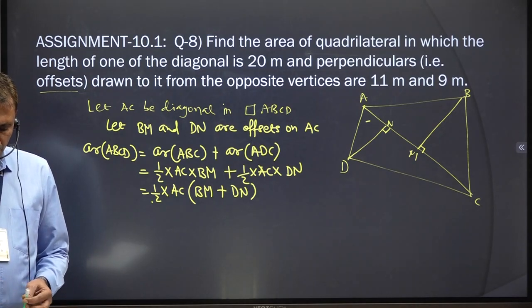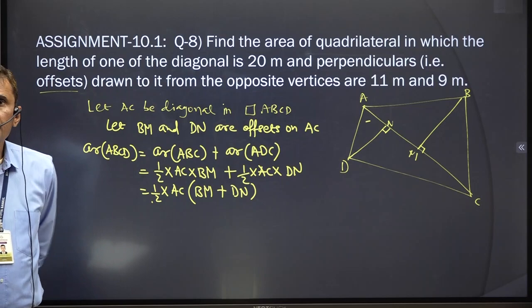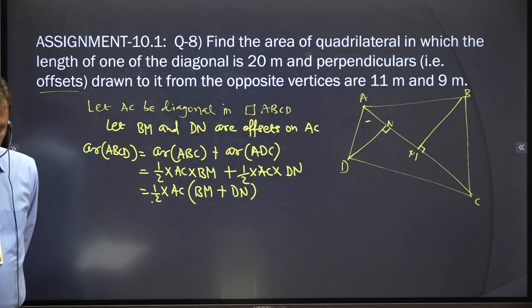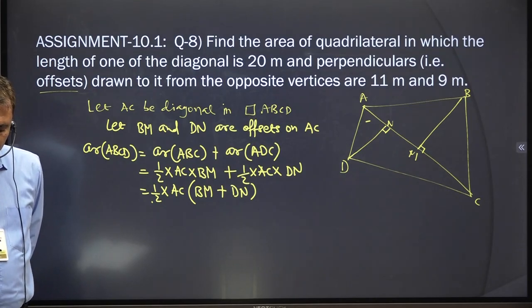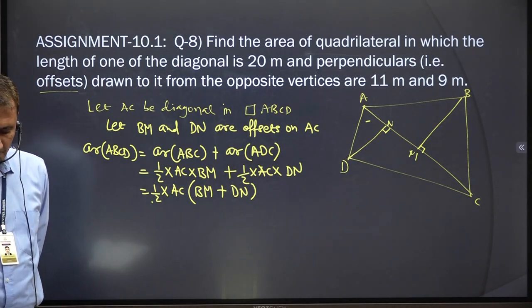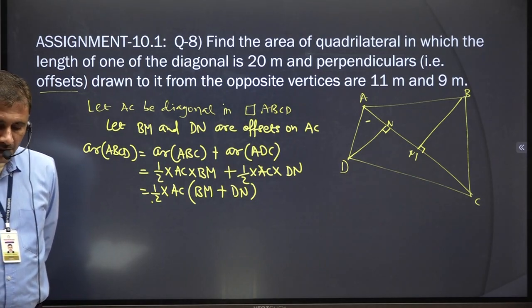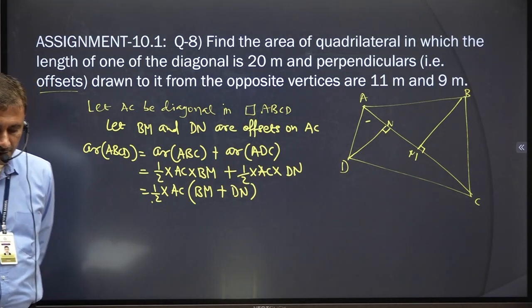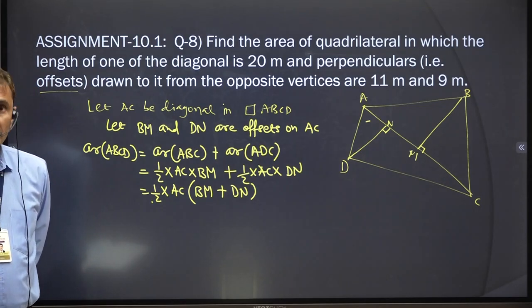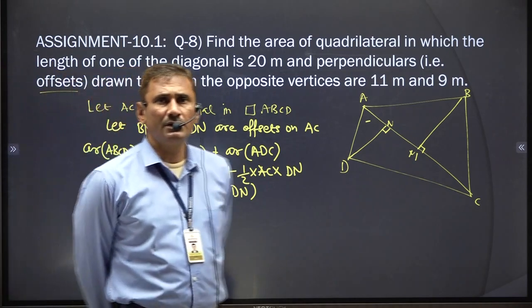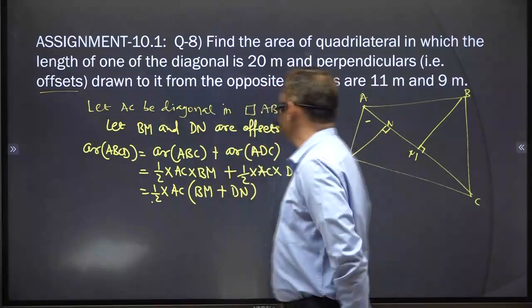Page number 212. Just above example 5, in green letters it is written that the area of a quadrilateral is half of the product of one of its diagonals and the sum of the offsets. Above that, in blue letters, the formula is written: half, one of the diagonals. One of the diagonals means out of two, since any quadrilateral has two diagonals, AC and BD.